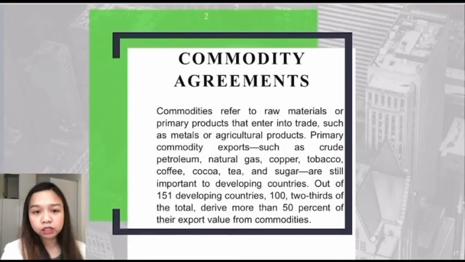Largely because commodity agreement discussions and negotiations involve both producer and consumer countries, unlike cartels, such as OPEC, which are established to protect the interests of the producers only.